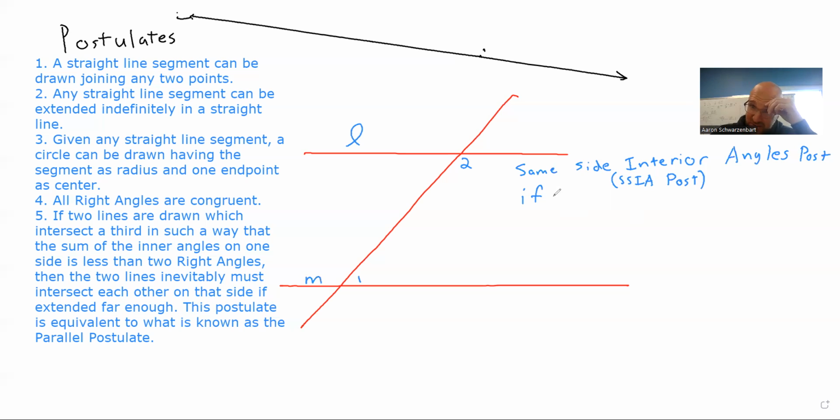So if measure of angle 1, these are called same side interior because they are on the same side of line P, which is called the transversal.